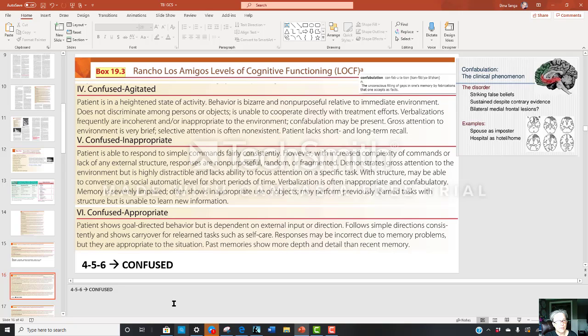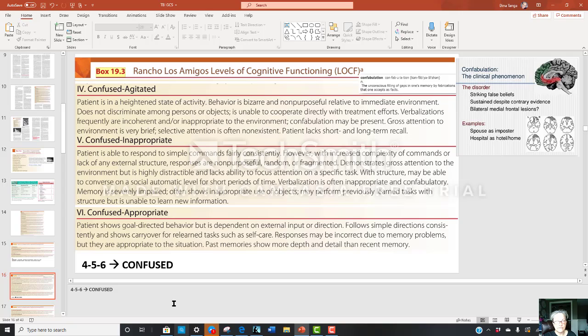We learned that new word. Memory is severely impaired, often shows inappropriate use of objects, like brushing their hair with a toothbrush or trying to brush their teeth with a hairbrush. They perform previously learned tasks with structure but are unable to learn new information.